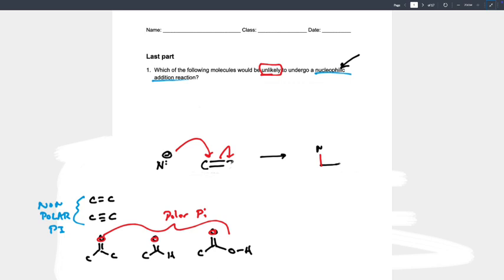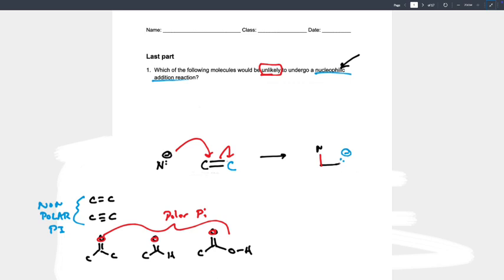Okay? Is it a carbon? Would that make sense? I'd be putting in the product a negative charge on a carbon. Do I like that? No? Why not? Carbon doesn't like to be negative. Okay.